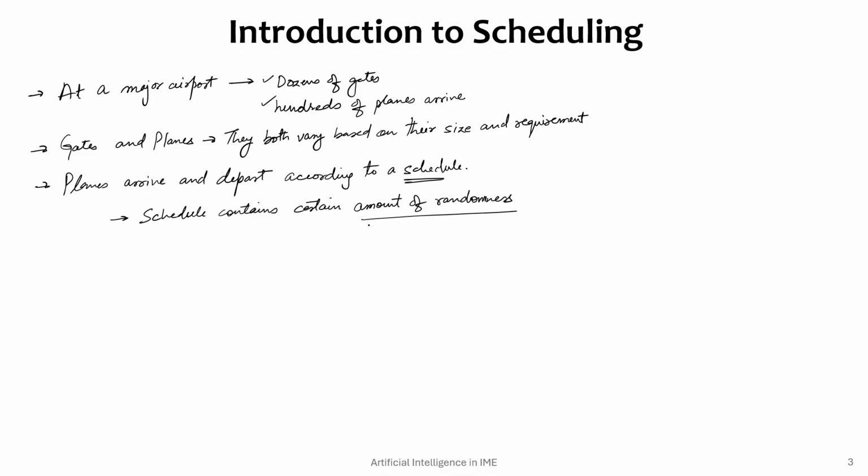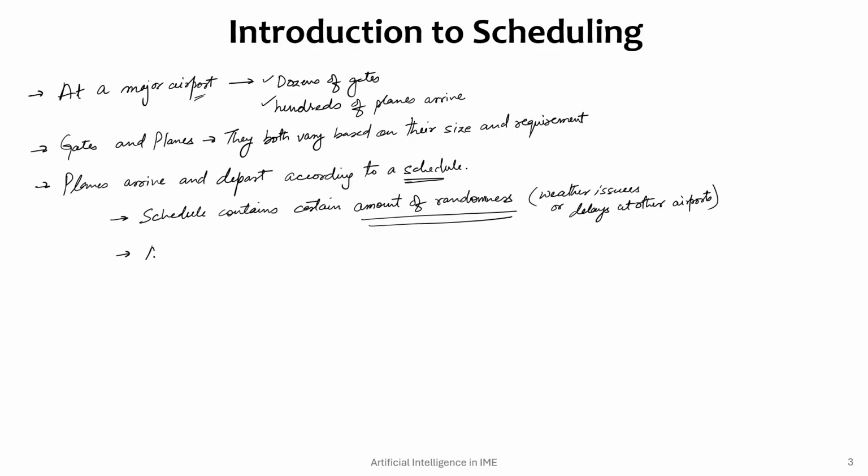So this randomness is what is making this problem critical. Why? As an example, for this major airport, this kind of randomness could appear due to weather issues or delays at other airports from where the airline is coming or going.